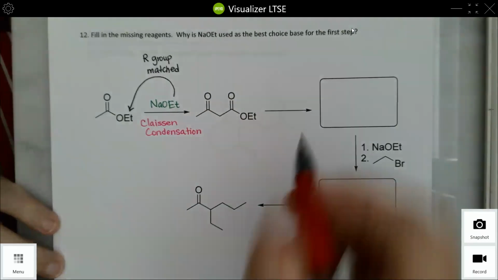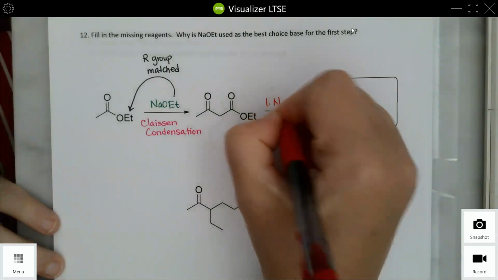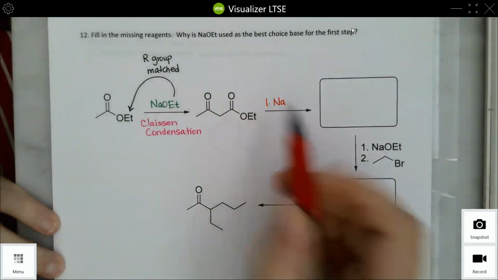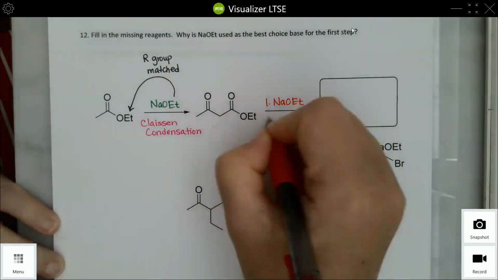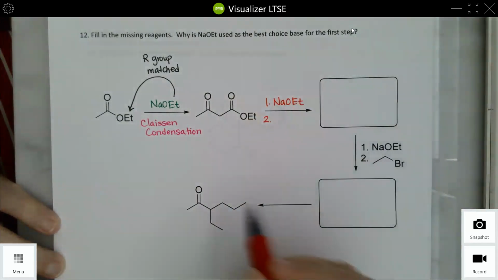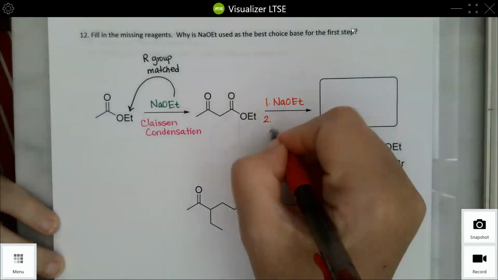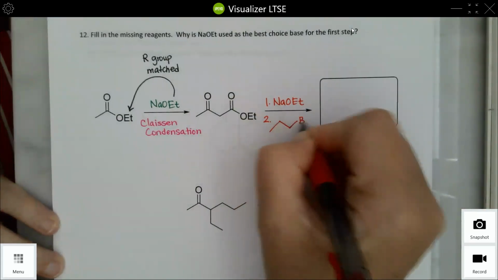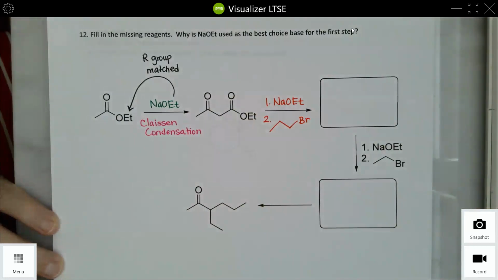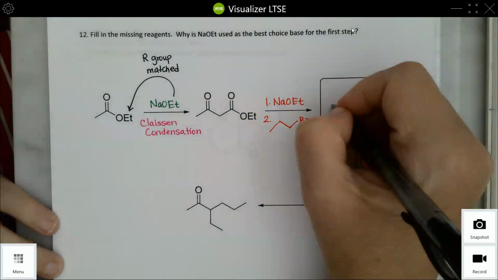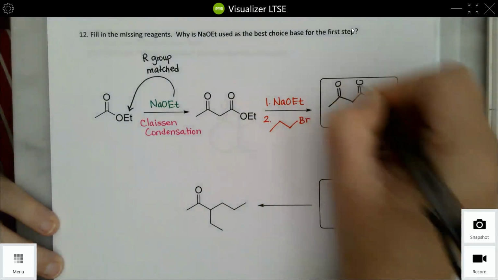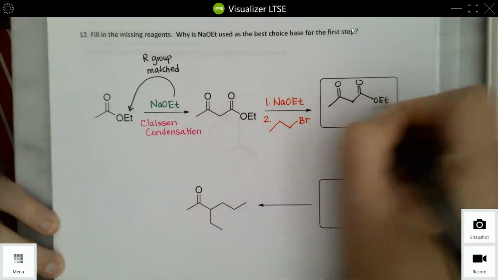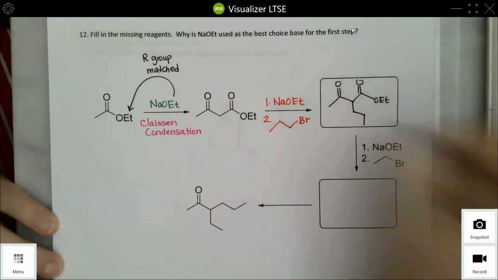So first we're going to match the base, so continuing on with sodium ethoxide. And then we're going to add in, because we want 1, 2, 3, a propyl group with a good leaving group. That will produce the product where we've alkylated the alpha position and added 3 carbons.